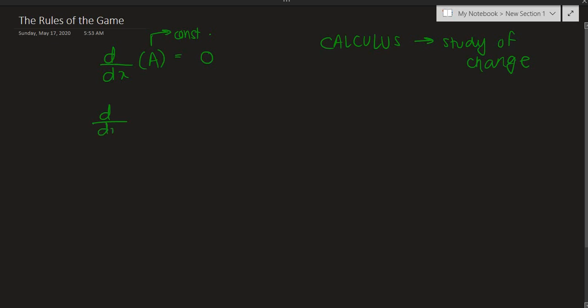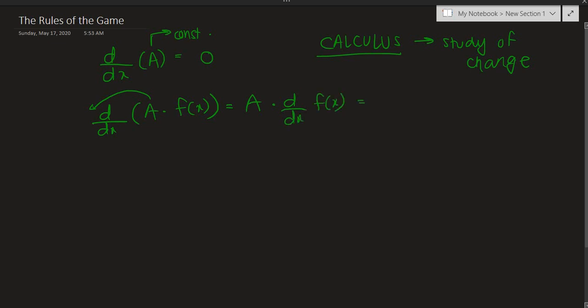Now the next property is similar to this. Say we have the derivative, but instead of just a constant we have a constant times a function f of x. Well, as I said, calculus is a study of change. Stuff that is constant is very uninteresting, so you can just take it out of the derivative operator and then differentiate the function f of x.